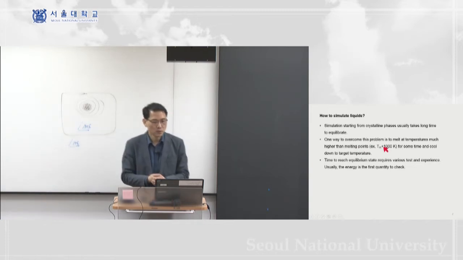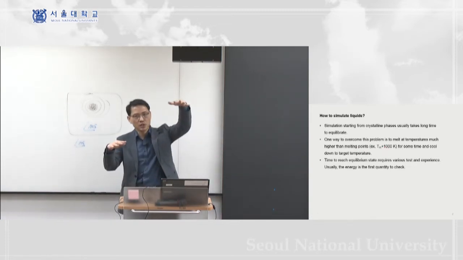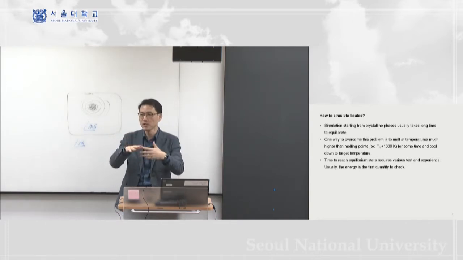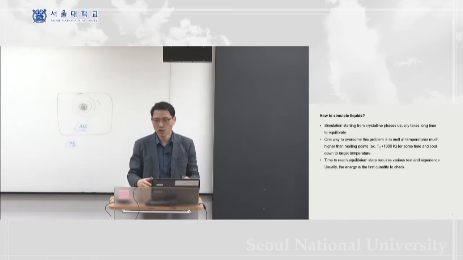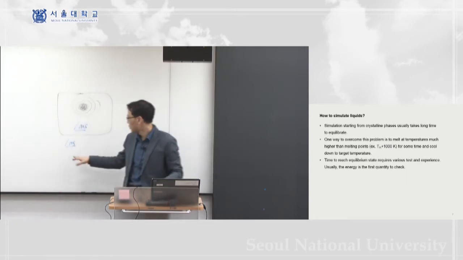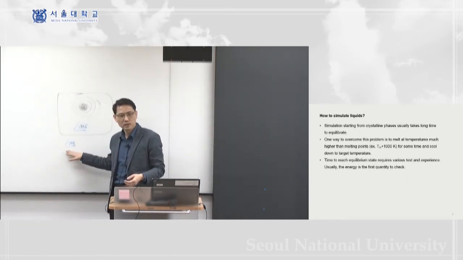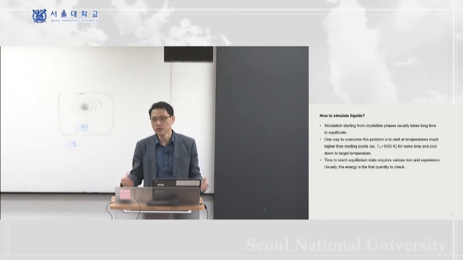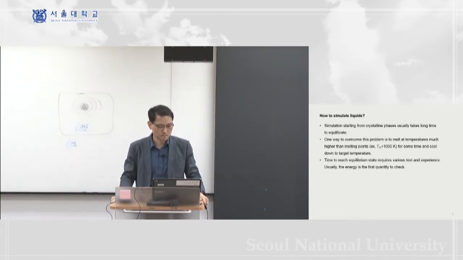In that case, since you are just lowering the temperature within the liquid phase, from high temperature liquid to low temperature liquid, the equilibration can occur within a very short time scale. So this is the typical way that you achieve the liquid phase.